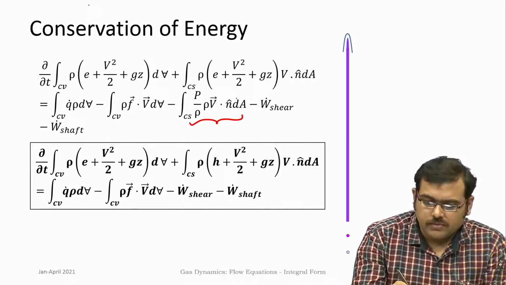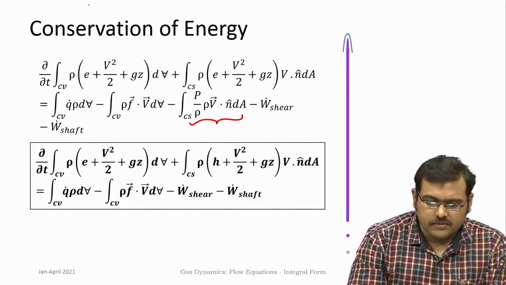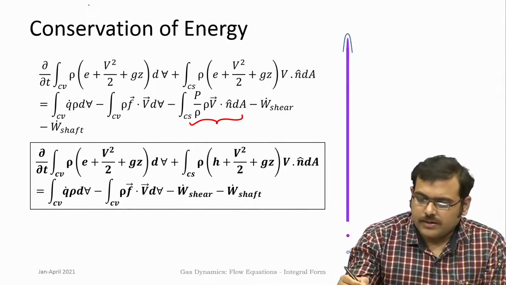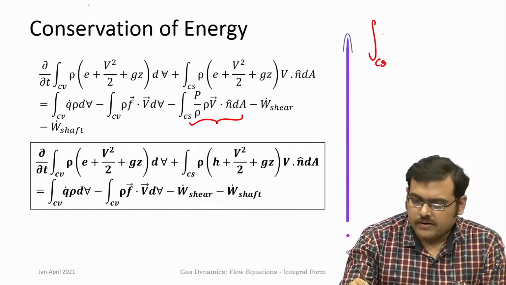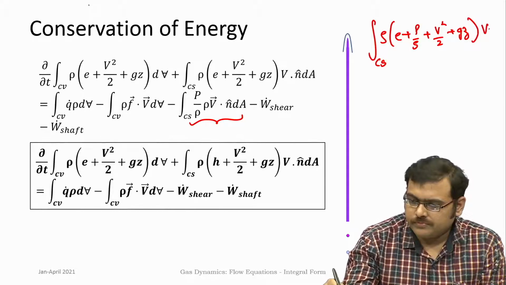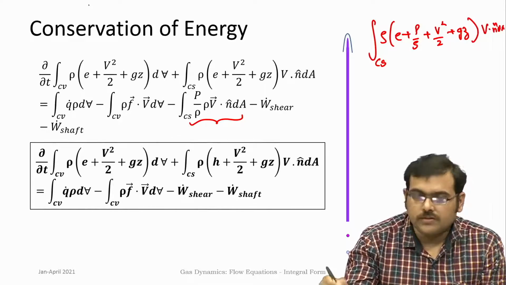So this can be moved to the left hand side of the equation, and you will get the term within the control surface as rho times E plus p by rho plus v square by 2. So this is what you get.